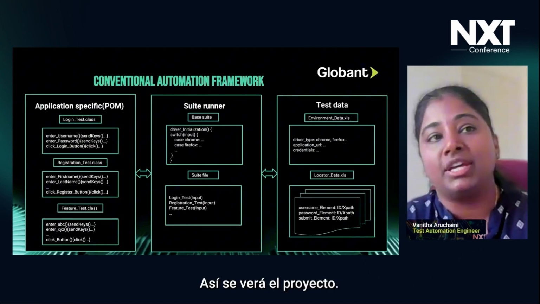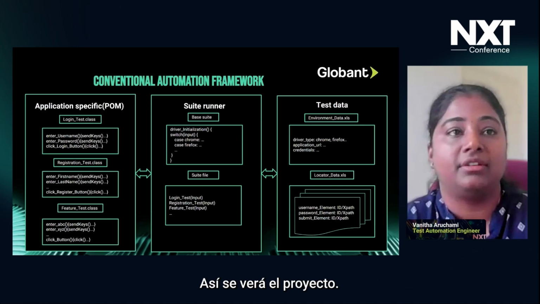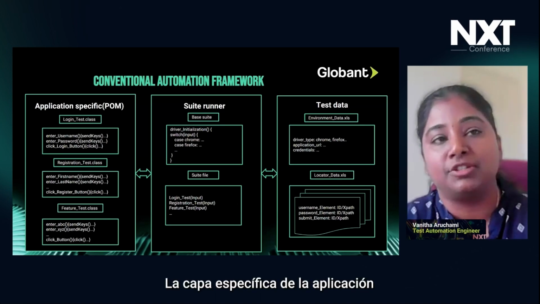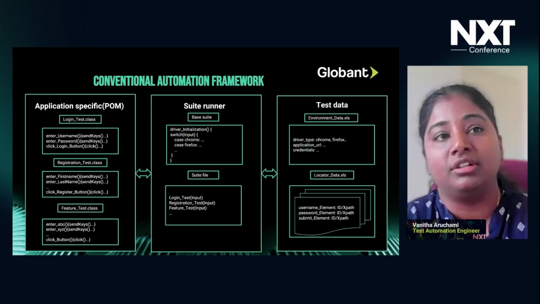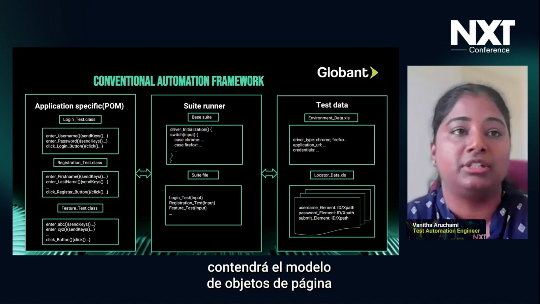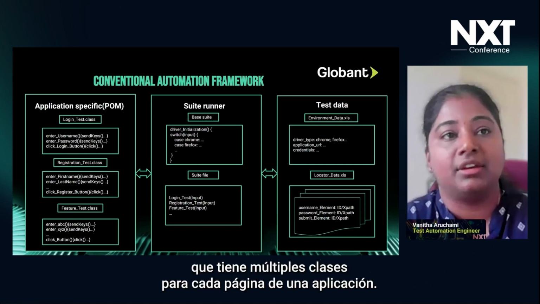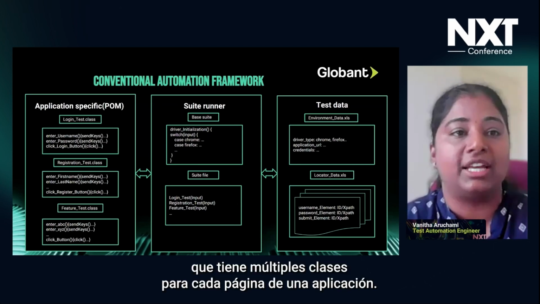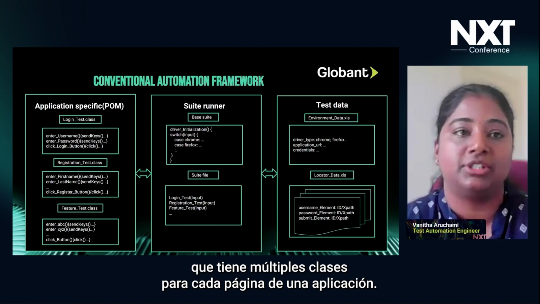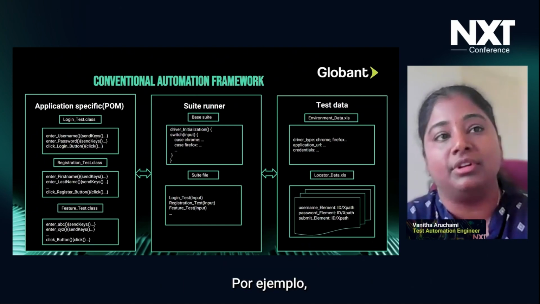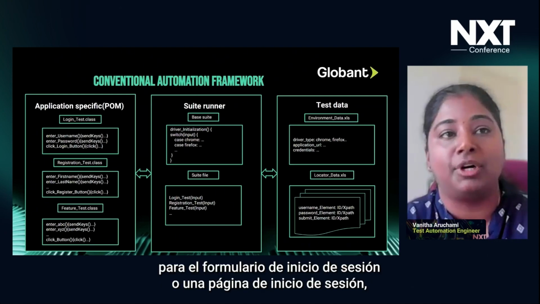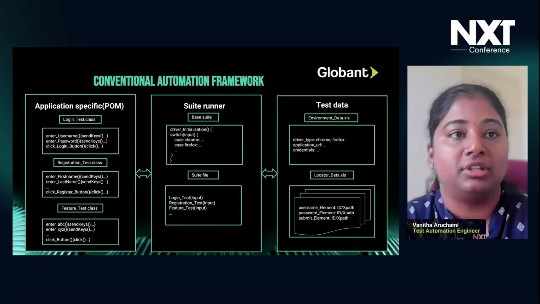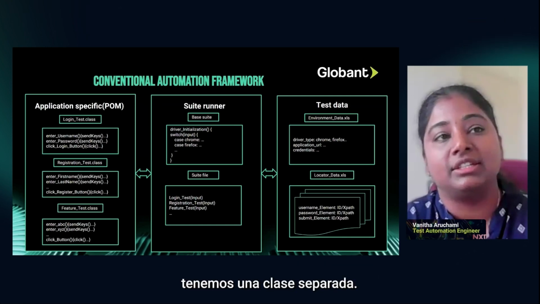So in the project, how does it look? The application specific layer will contain the page object model, which has multiple classes for each page of an application. For example, for a login page, we have a separate class.